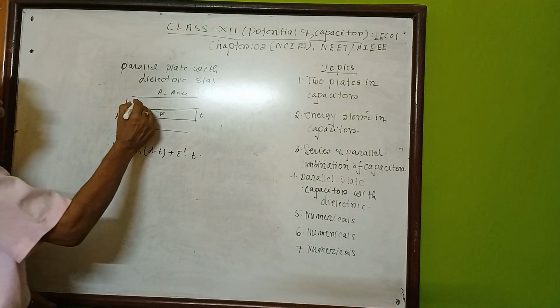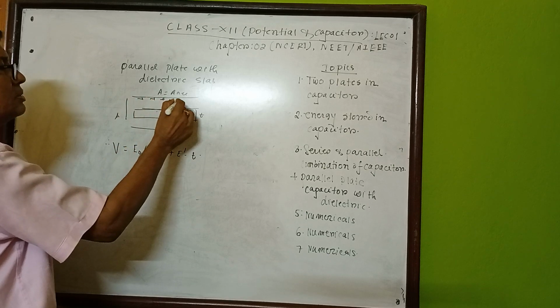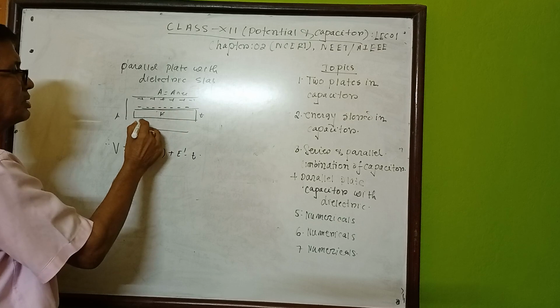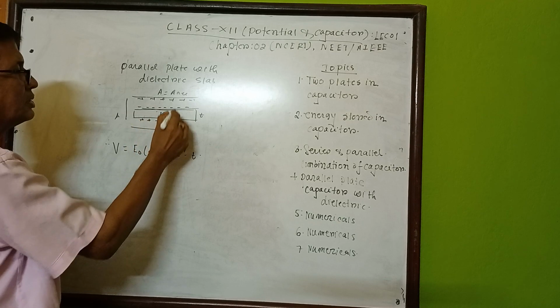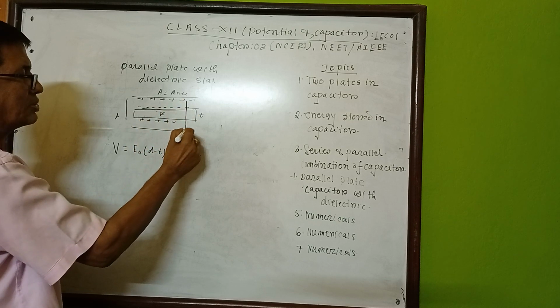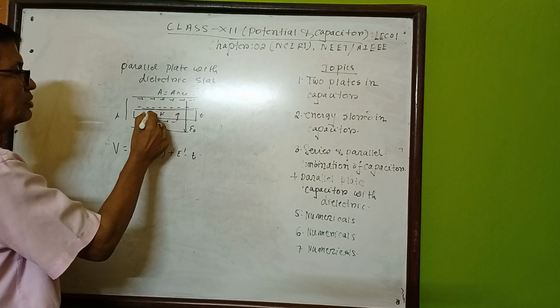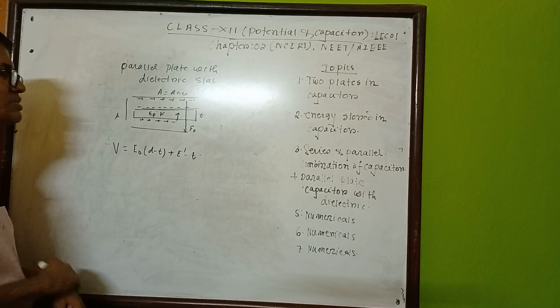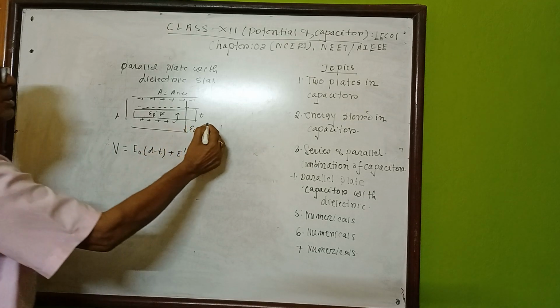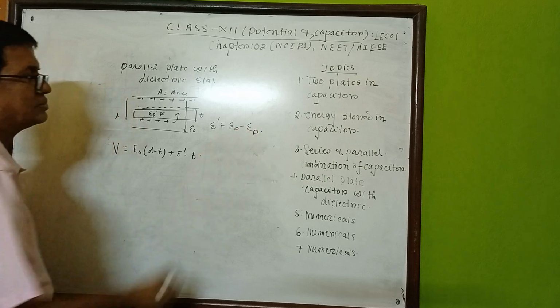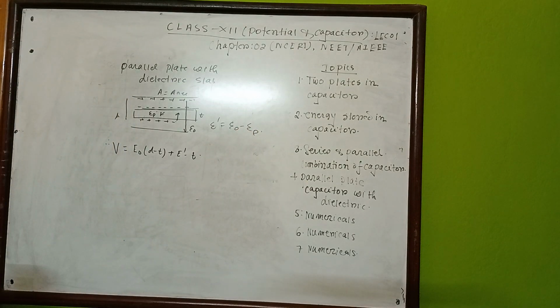Now in that case if it is positive, due to polarization it will be negative, it will be positive. So this field will be up to down, that is E0, and polarized field EP will be in the opposite direction. So due to polarization, the field will be E0 minus EP.